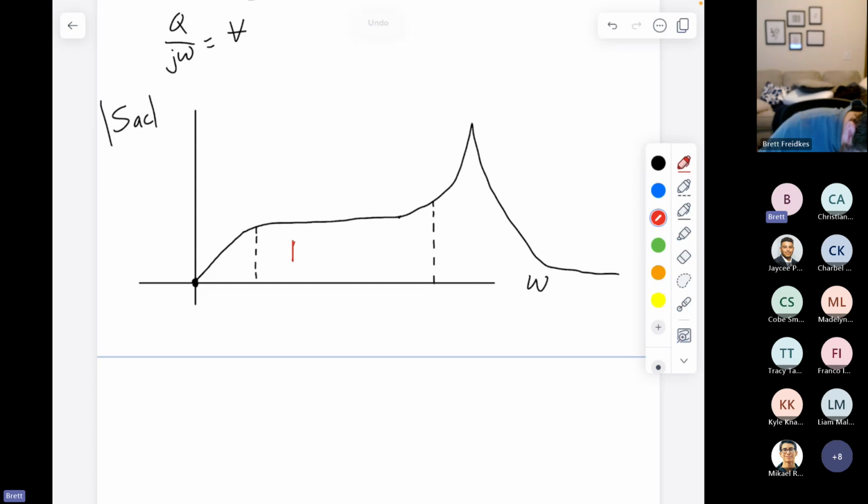This region here is our damping and our resonant peak. This is our damping dependent region, which is resonance. And then we have our mass dependent region later on.